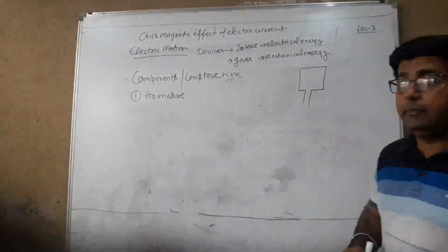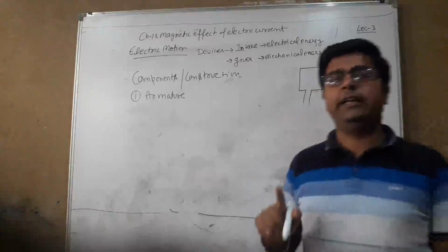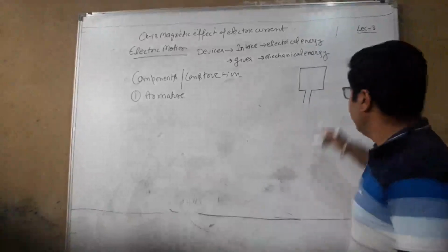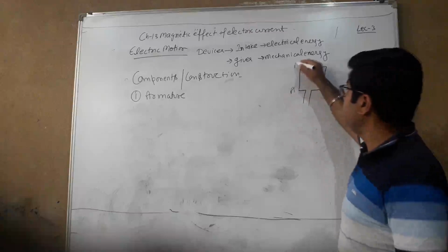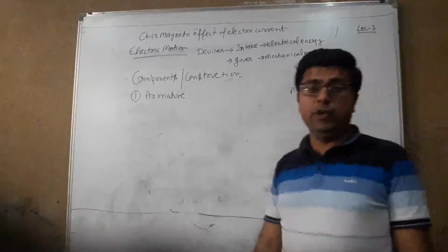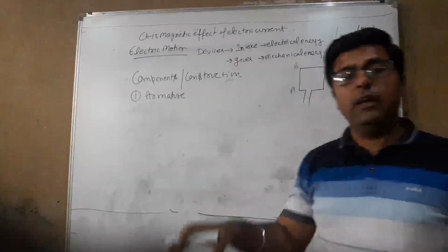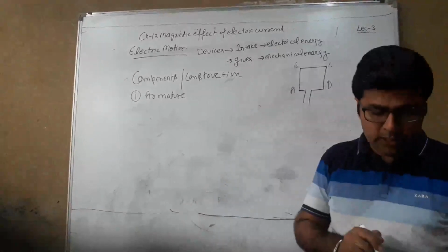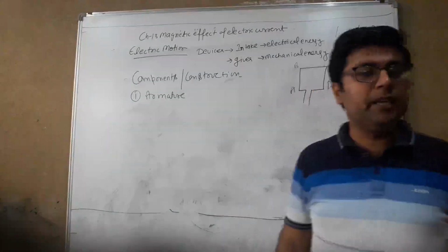This is our armature. I'm just drawing a single loop for your simplicity, but here we have n number of loops. This is a current carrying wire ABCD, and this wire ABCD is wound over a conducting body, and that conducting body behaves as a magnet.